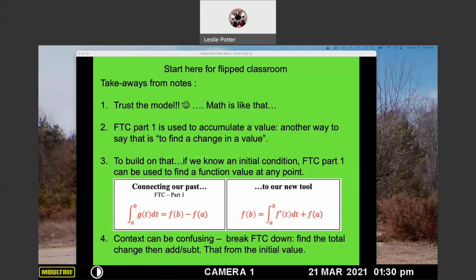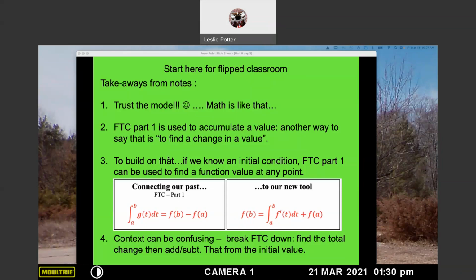fundamental theorem of calculus. So we have this model of the fundamental theorem of calculus. Trust in that model. Math is like that, super predictable, where we have a rate that we're integrating, and that can be represented as a difference in two function values of the antiderivative, right? That represents a change, which is what a difference is.